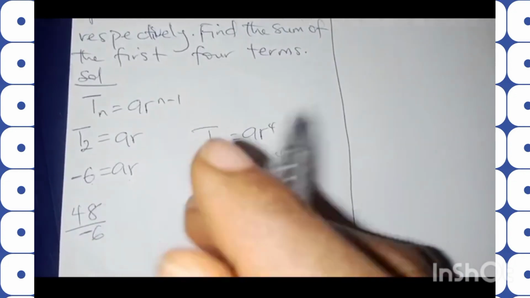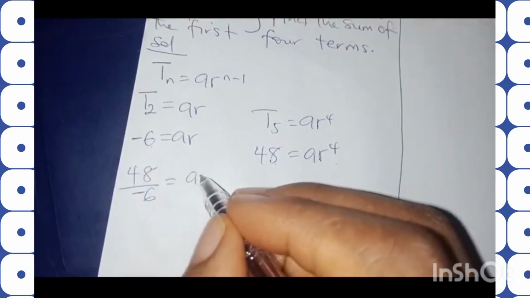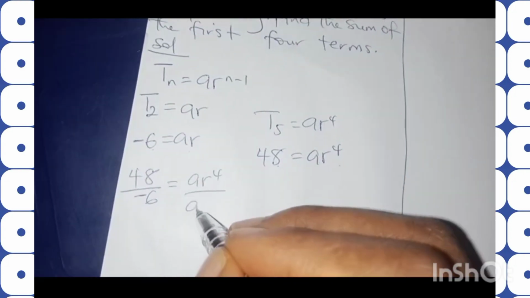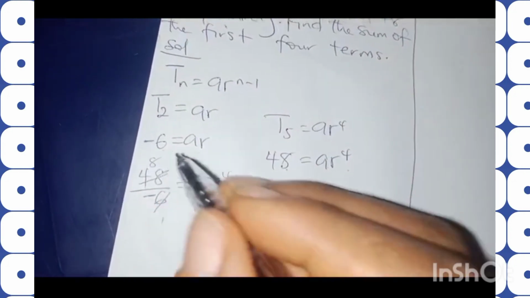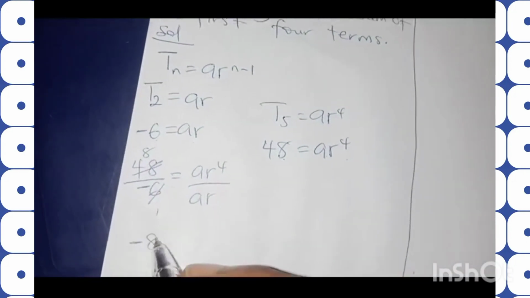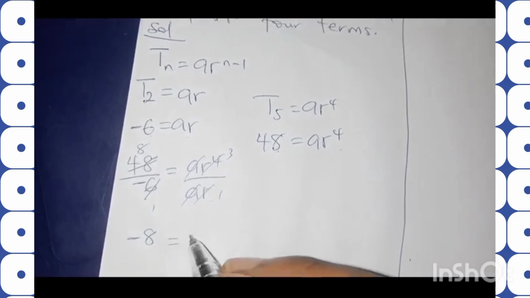48 over minus 6 equals ar to the power of 4 all over ar. Now 6 into 48 goes 8 times, and 6 into 6 is 1. A cancels A, and r to the power of 4 over r gives us r to the power of 3. So we find the cube root of both sides.